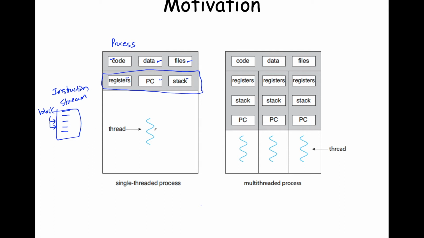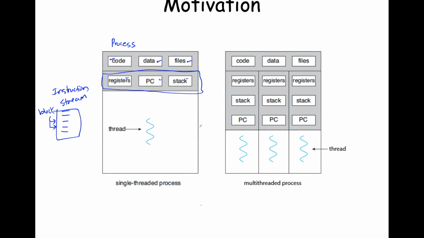And that's your quote-unquote thread of execution, which is noted in the book and several other places in the literature by this squiggly line. And so this process is sometimes called a single-threaded process because the execution of this process is only a single instruction stream. And therefore, we can say that a process contains a single thread.